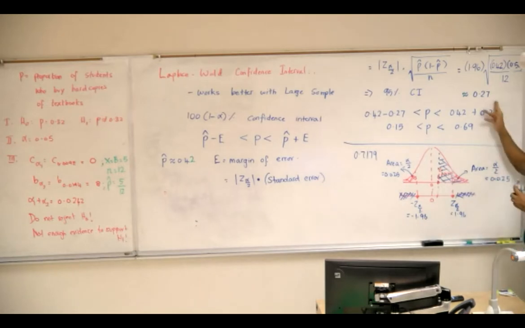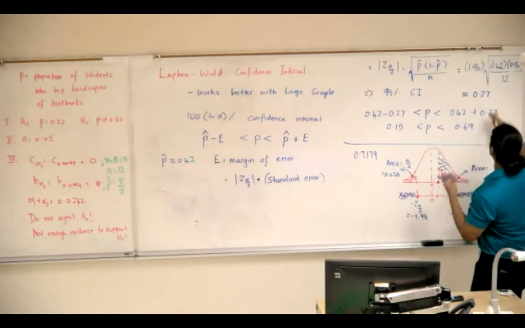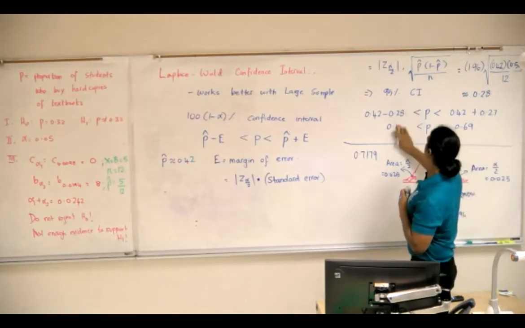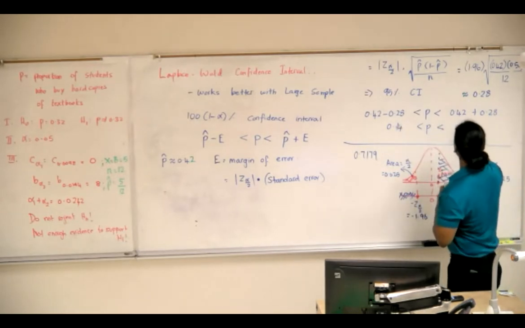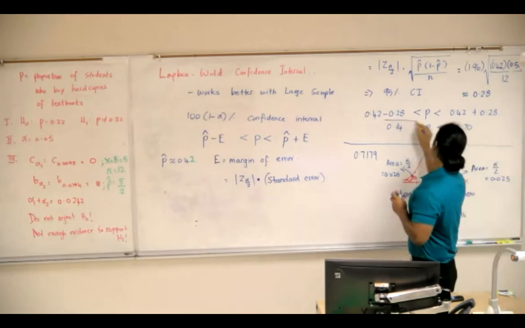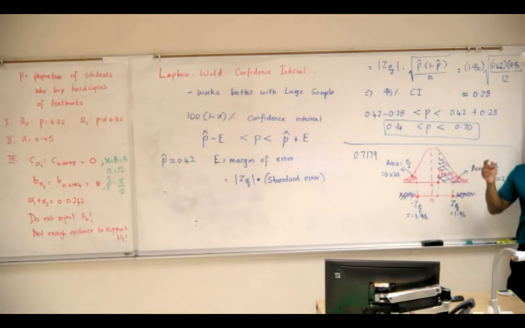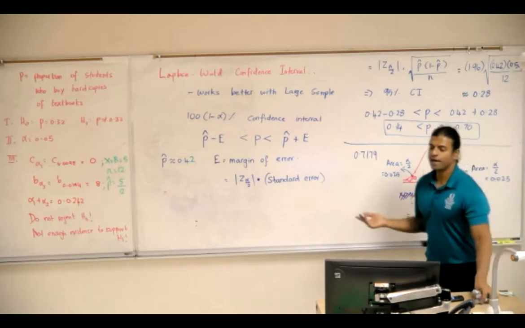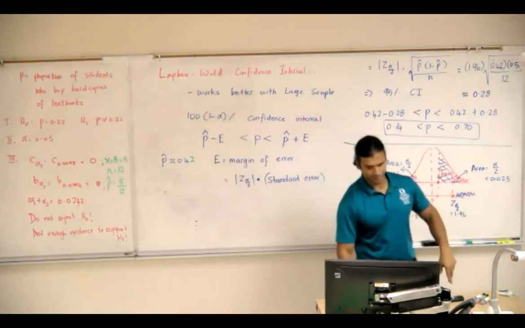Did we get 0.27? Okay, 0.279, so change it to 0.28, because I know how to do it. 0.14, 0.28, 0.70. Life is perfect now. But the conclusion doesn't change. Yes, 0.32 still falls between 0.14 and 0.70. So you should not be rejecting the null.